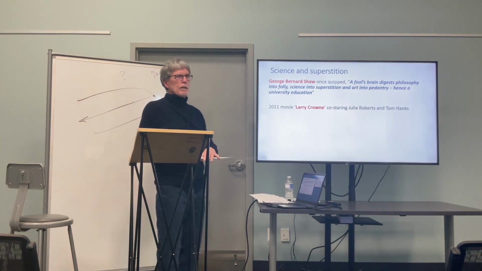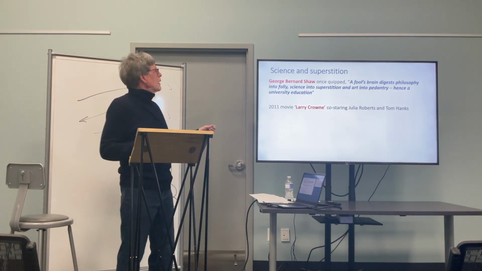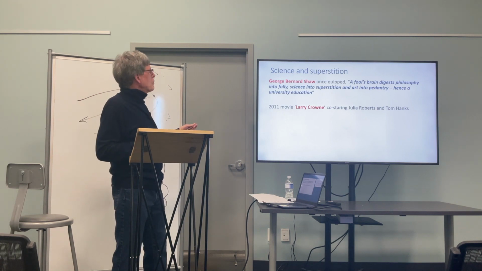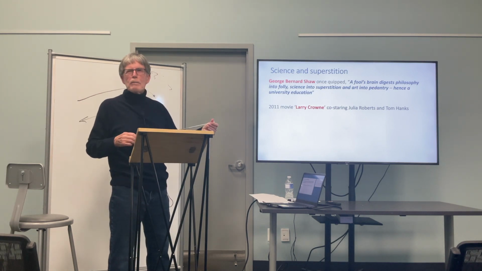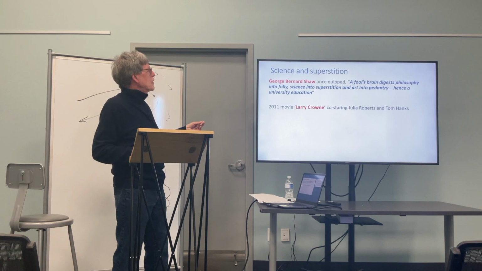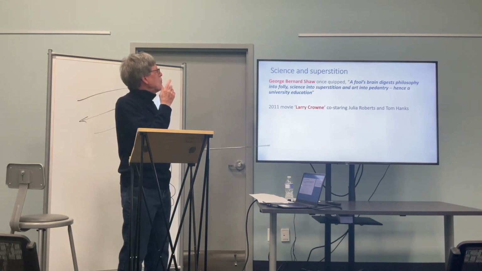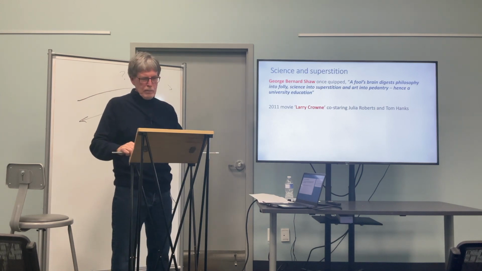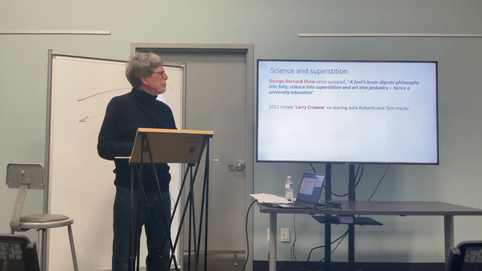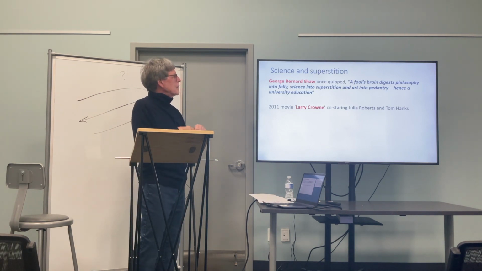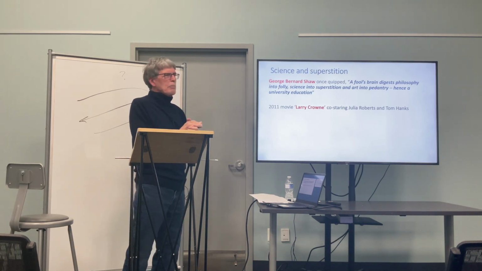I like this one. Did you ever see that movie, Larry Crowne? Okay, well, watch it. Julia Roberts and Tom Hanks. In the movie, this is a year's course on public speaking.